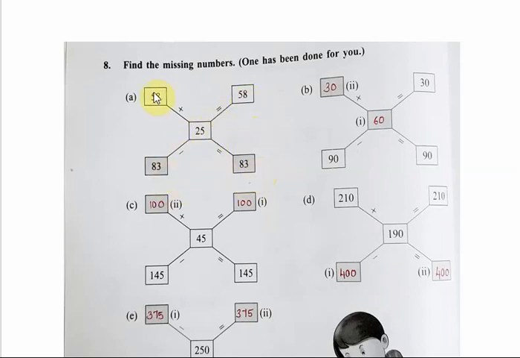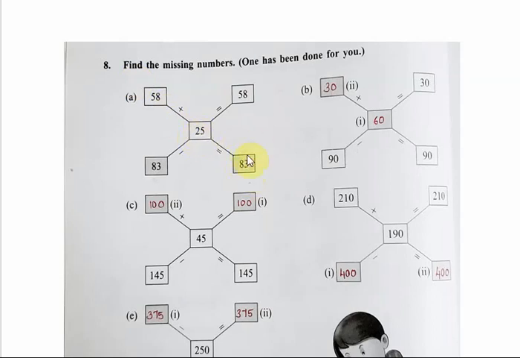58 is here and here also in minus. In plus, here also 58 is there. And 25 is common in both, in the center, and 83 is here in both. See here, the sum will be the minuend. This is the common thing. The sum, that is 58 plus 25, you will get 83 as the answer.